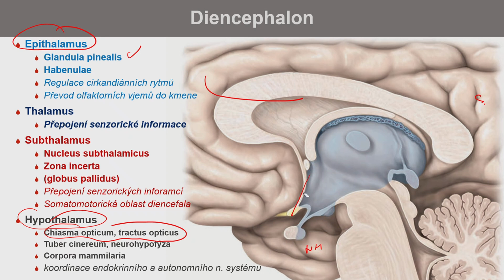And the last one, which is not seen very well here, it's here, somewhere here, hidden, and it's called subthalamus because it is below thalamus.